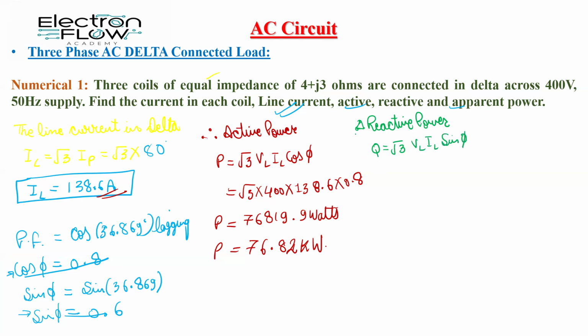So Q is equal to root 3 into 400 into 138.6 into 0.6.